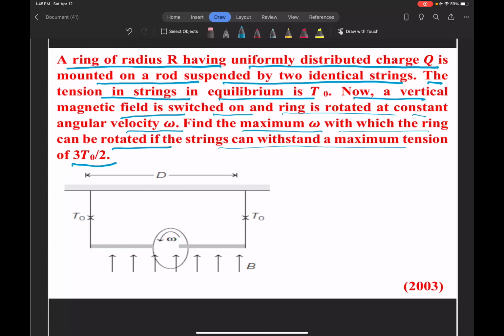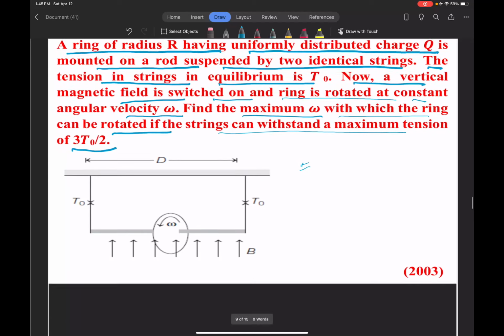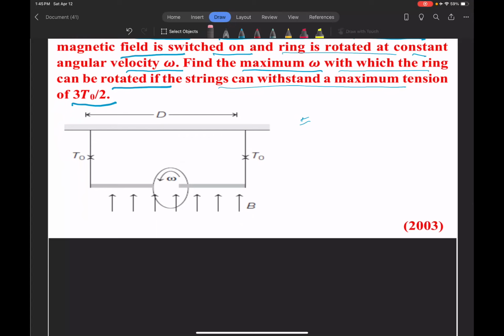In this question, this is the basic figure, and here it is having two strings, on the left as well as right, and it said that initially it is having a tension T naught and it is in equilibrium when there is no rotation.